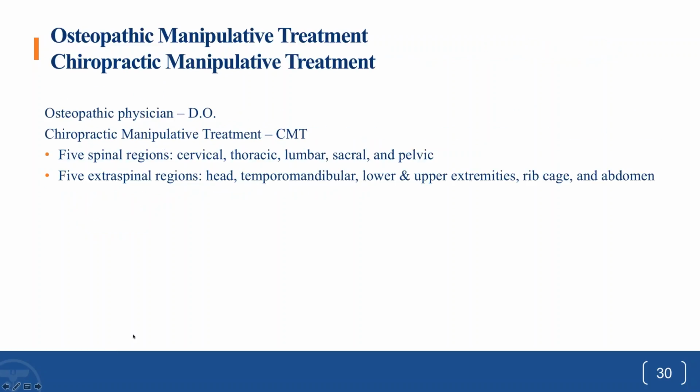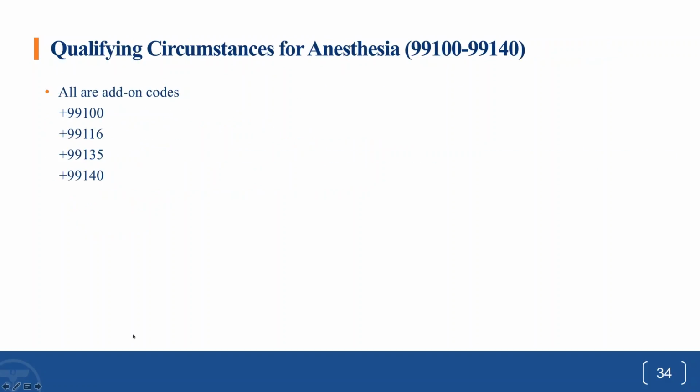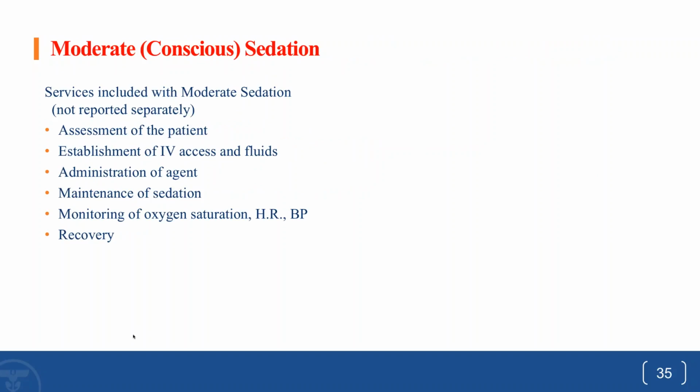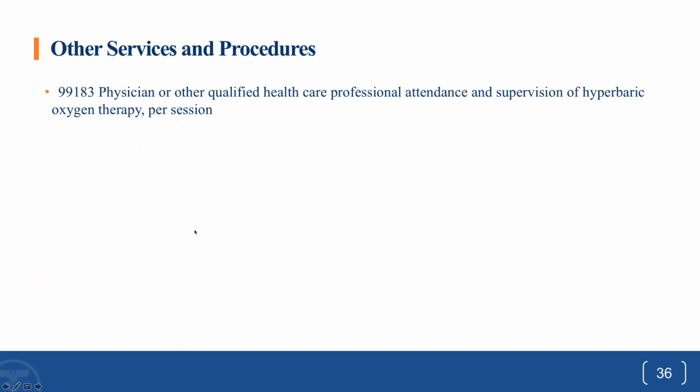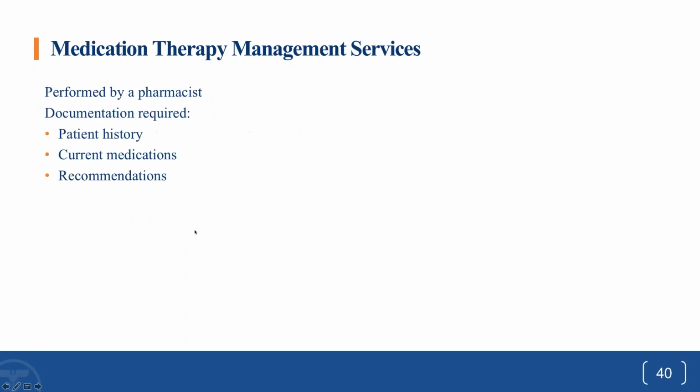Acupuncture, no; chiropractic, no. Qualifying circumstances, we already know about that from anesthesia, and moderate sedation we just saw here on page 664. It also has a bullet point of what's included. No home health, they won't ask about home health.